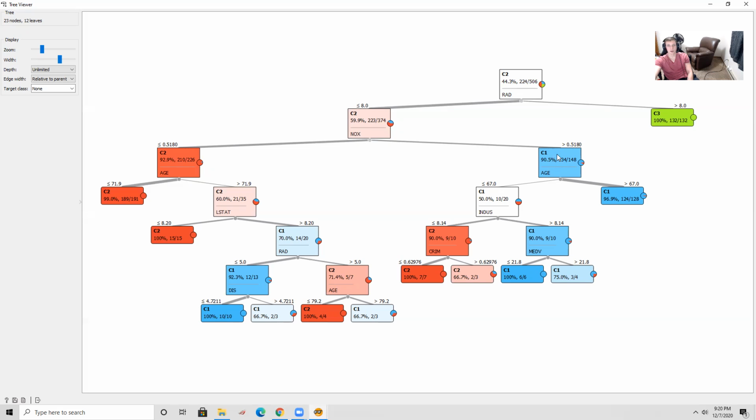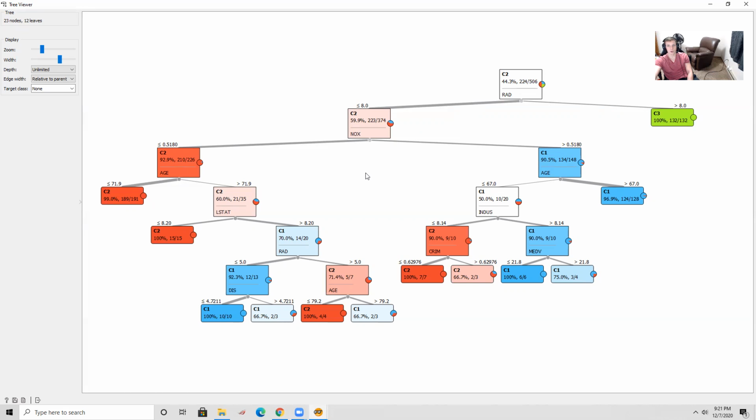For those greater than that number, 90% of the houses end up belonging to C1, and for those less than that amount, 92.9% end up belonging to C2. So it's pretty good. It weeds them out and gets the majority where they need to go.